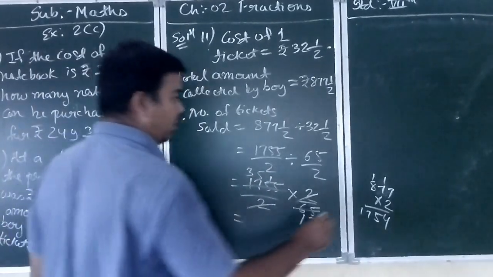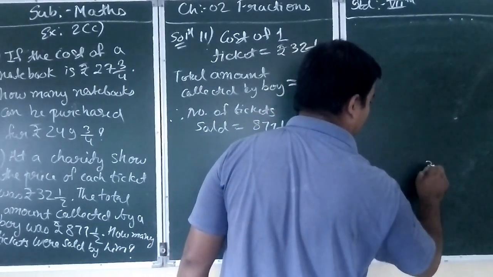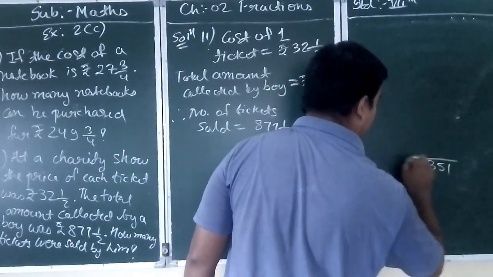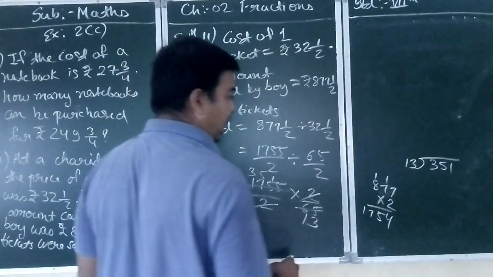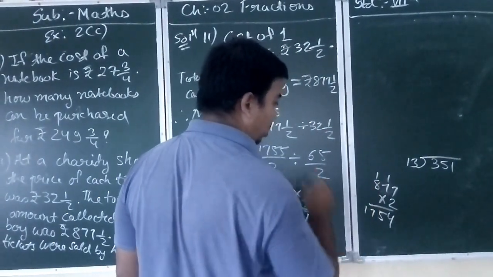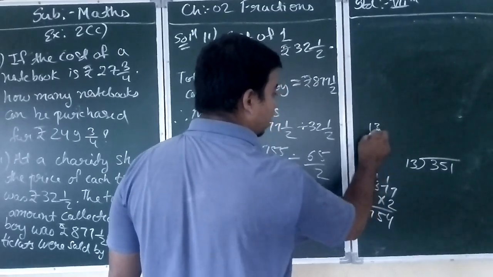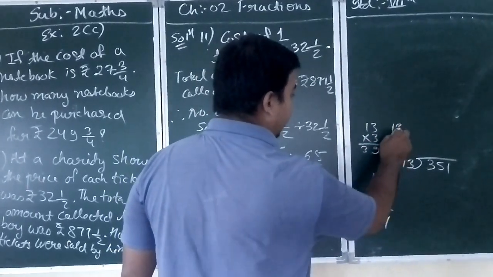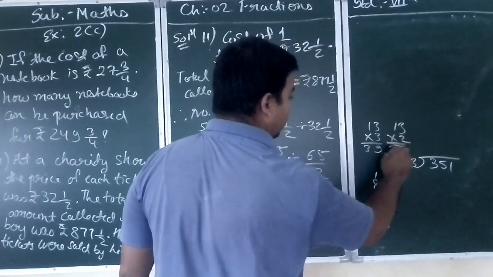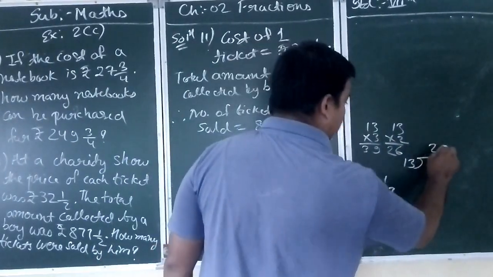Now 351 divided by 13. 13 times 3 is 39. 13 times 2 is 26.